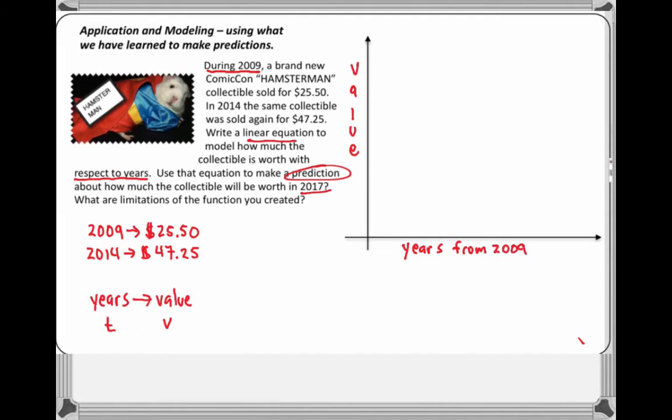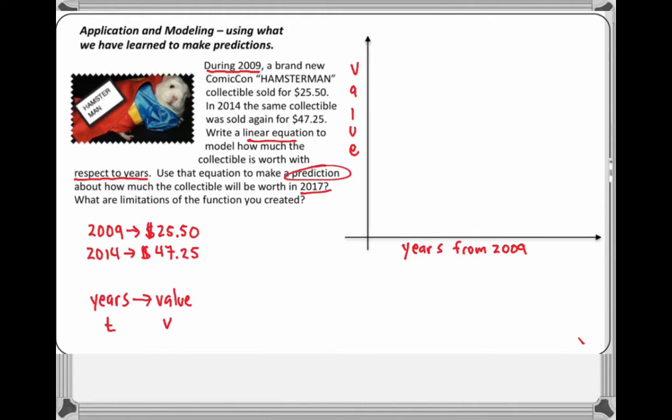That will put our t value right here at 0, and then we'd have 1 and 2, et cetera. That's way more convenient than trying to put 2009 into an equation.